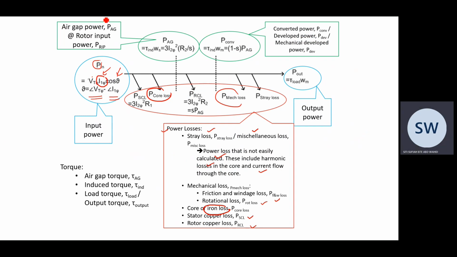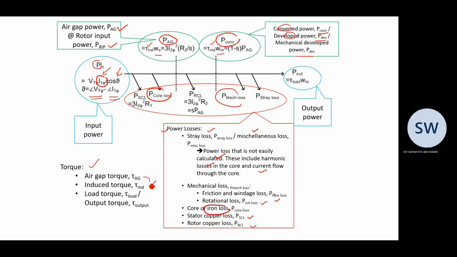Okay, just a few notes. Air gap power is also called rotor input power, RIP. Okay, P converted also has a few names such as converted power, developed power, or mechanical developed power. The keywords are converted and developed. Okay. Input power, output power. As for the torque, we have induced torque here, with omega S and omega M. Induced torque is also called air gap torque.